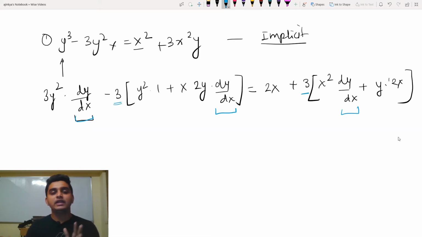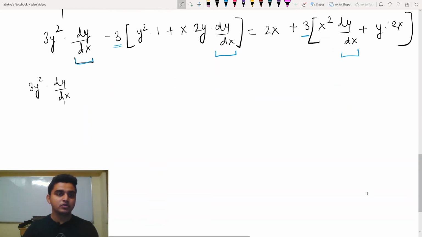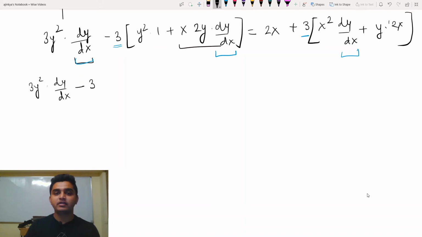So we will take all the dy upon dx terms on the left side. I'll just rearrange this. On the left hand side we have 3y square dy upon dx minus 3 times this entire term, which is 3 times x times 2y dy upon dx.